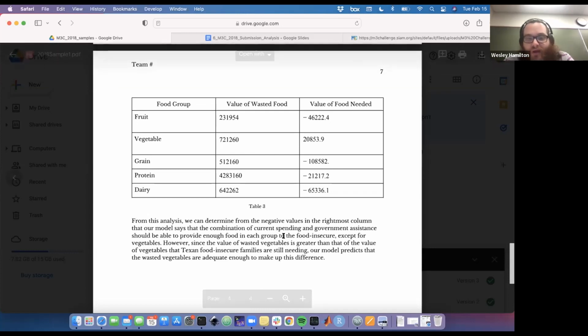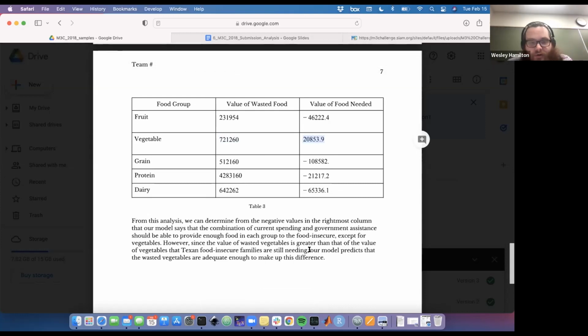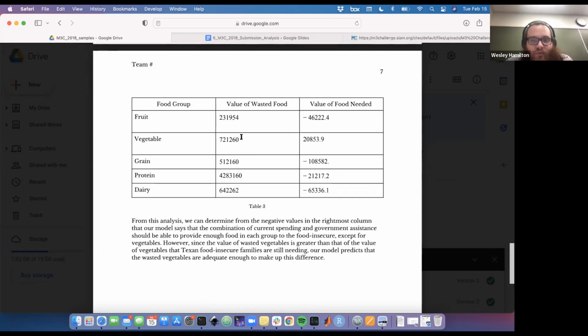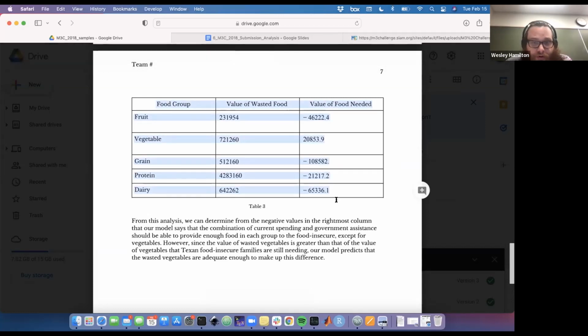However, since the value of wasted vegetables is greater than the value of vegetables that Texan food insecure families are still needing, our model predicts that the wasted vegetables are adequate enough to make up this difference. One thing that jumps out to me already is that reading this table isn't super clear or easy.